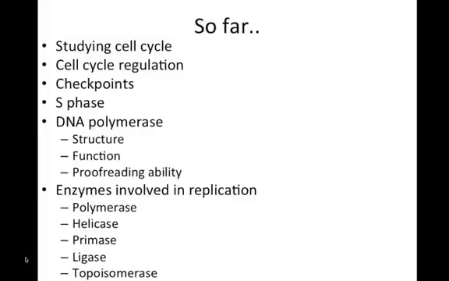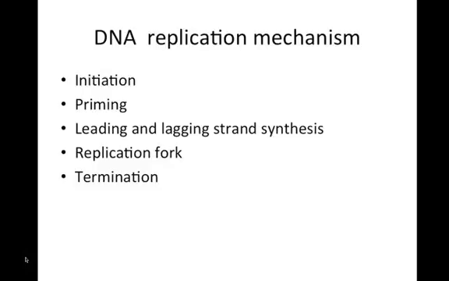So that brings us to the mechanism of DNA replication, right? And we started that on Friday. Initiation, priming, leading and lagging strand synthesis, right? This is the replication fork formation, and it goes until it terminates.